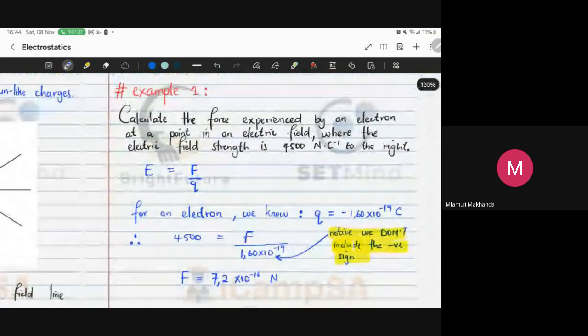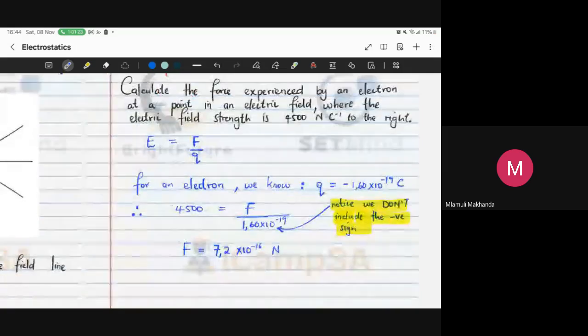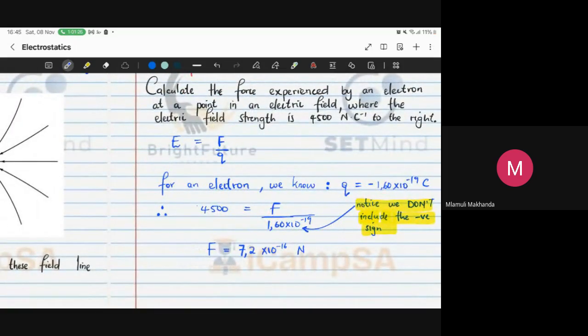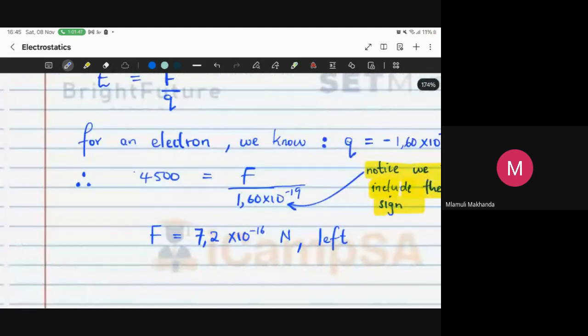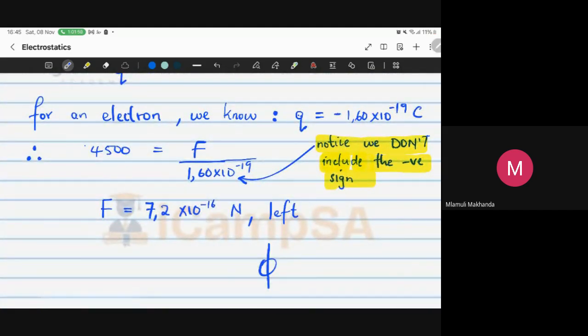So this is how much force the electron would experience. The reason we're saying it's left is because we know that if there's an electric field that is being generated to the right, it is usually for the positive charge.